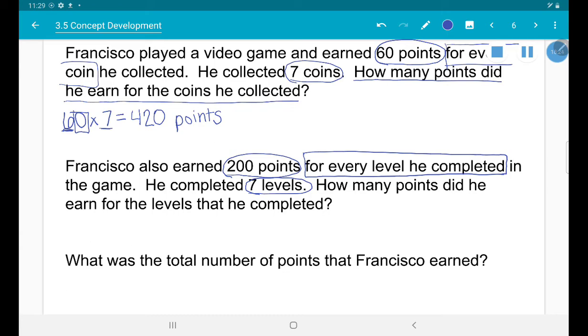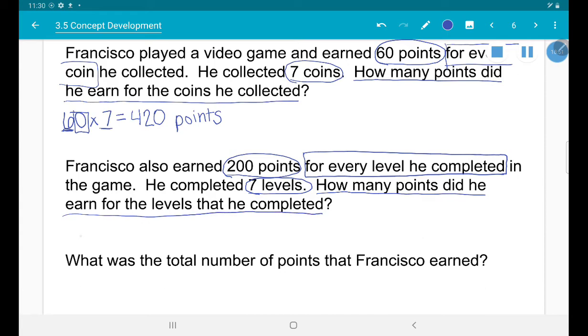He got 200 points for the first level, 200 points for the second level, 200 more points for the third level, 200 more points for the fourth level, another 200 points for the fifth level, another 200 points for the sixth level, and finally another 200 points for the seventh level. It says, how many points did he earn for the levels that he completed?